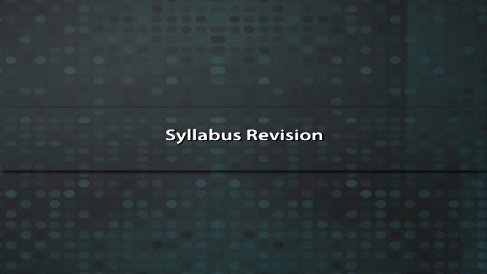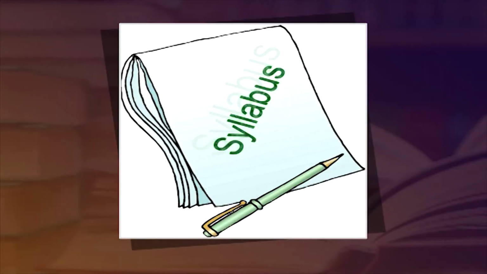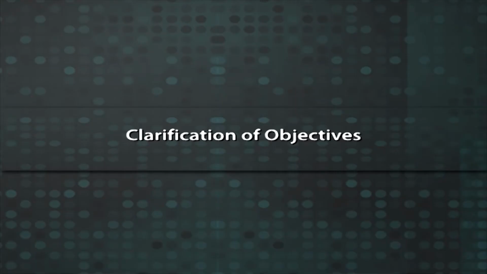Syllabus revision. Educational programs are carried out in accordance with an established syllabus. Educational evaluation helps educators understand the pitfalls in the syllabus and acts as a powerful tool in designing and revising syllabus. Clarification of objectives. Since evaluation is based on objectives, it provides teachers with deeper insights into the various topics to be taught.